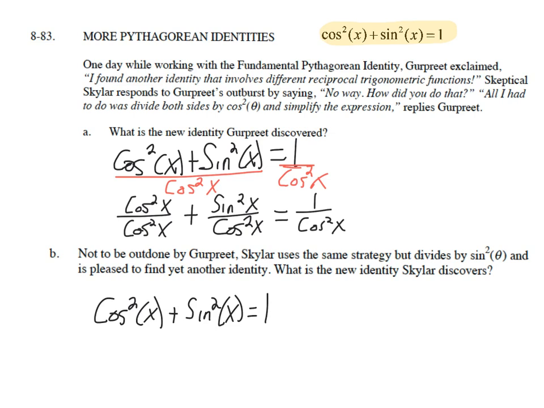Now let's replace these ratios with equivalent values. I'm going to replace cosine squared x over cosine squared x with 1, plus sine squared x over cosine squared x. Well, that's the same as tangent squared x.